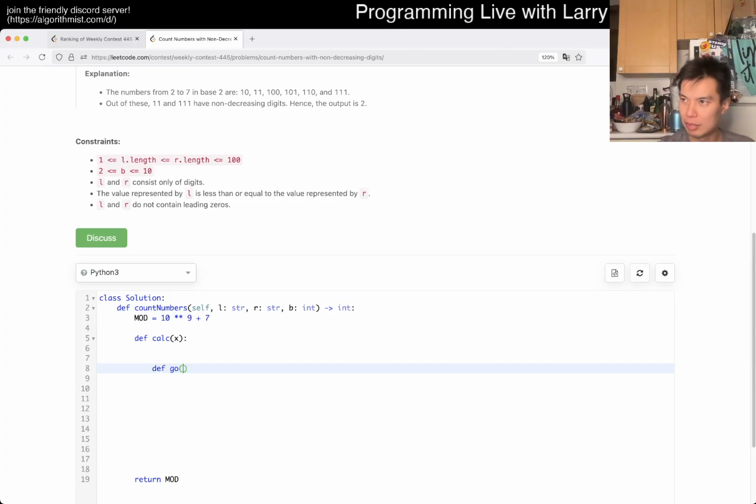We have the index, the last digit, okay, so we have the index, the last digit, and then is that it? And like the prefix matching or something.